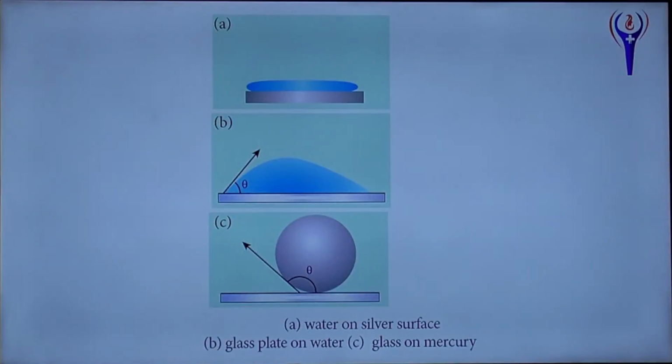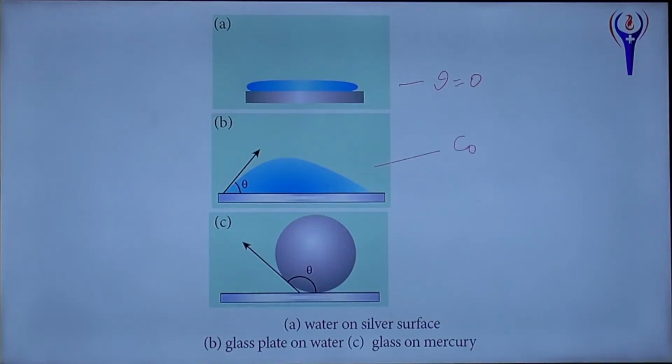And see, water on a silver surface is plane, theta equal to 0. Water on the silver surface, there is no meniscus, plane surface, plane meniscus. And glass plate on water, how is that? What kind of meniscus will it be, convex or concave?